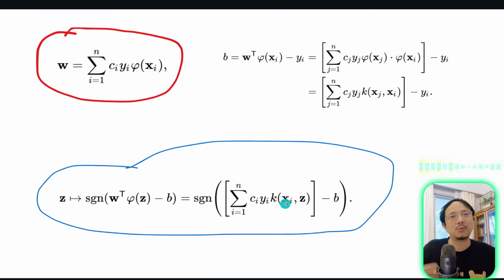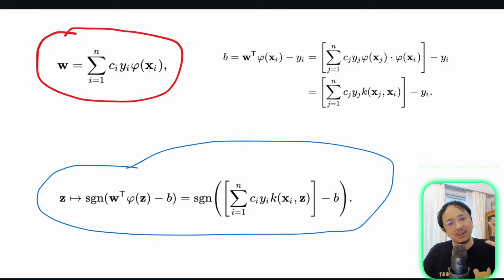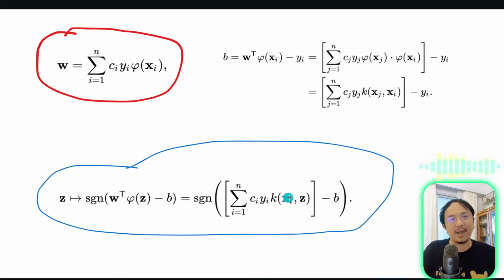If this one is greater than 0, then we consider the prediction to be the first class. If this is less than 0, our prediction is the second class. That's why we have a sign right here, either positive or negative. So that's it. We can get rid of phi and use only the kernel, the K here.